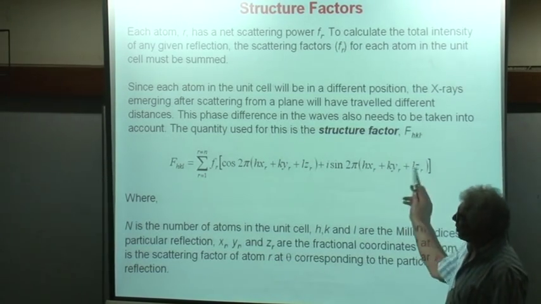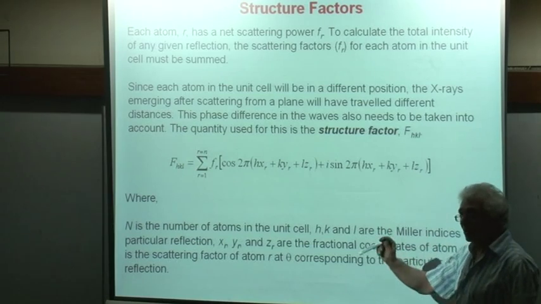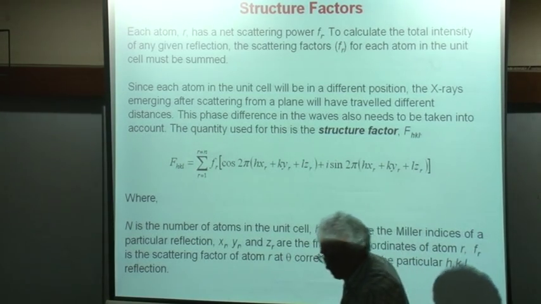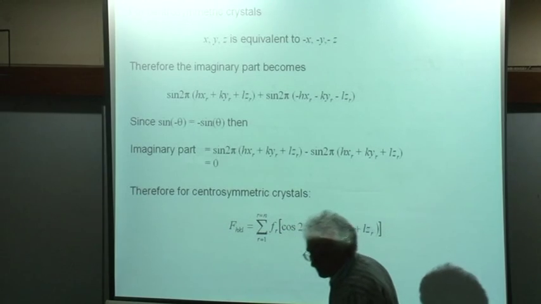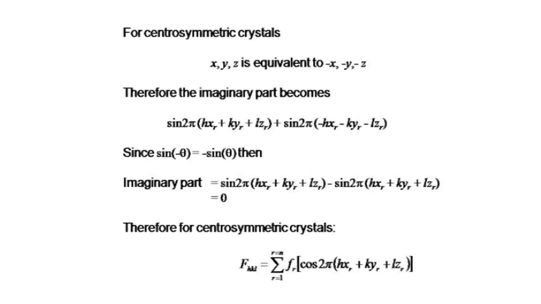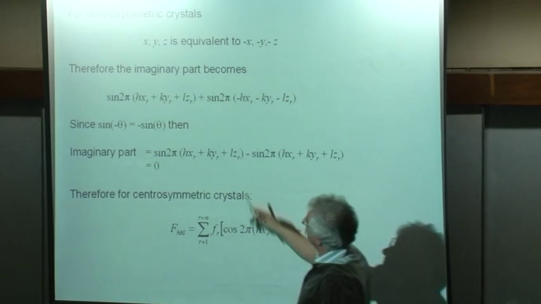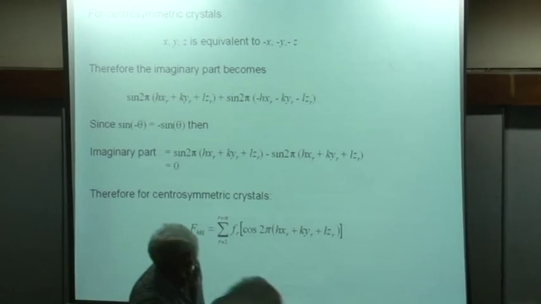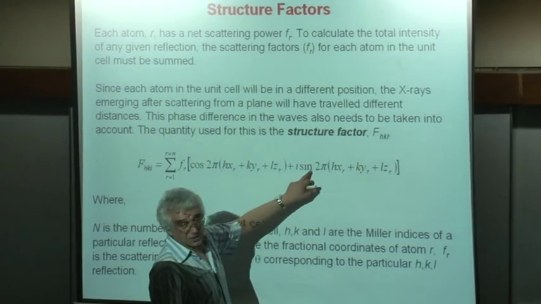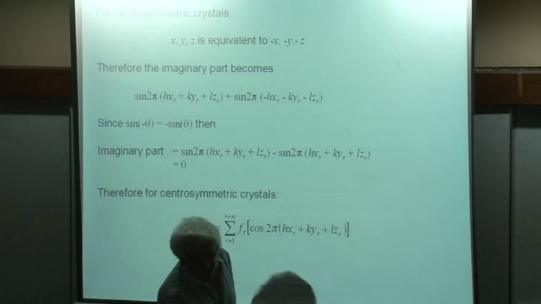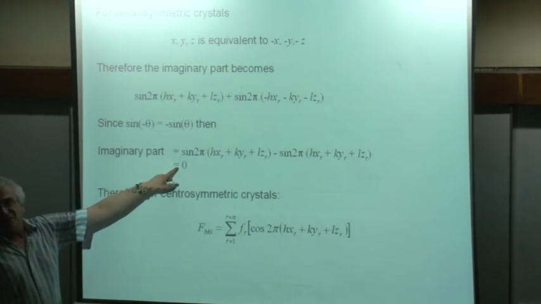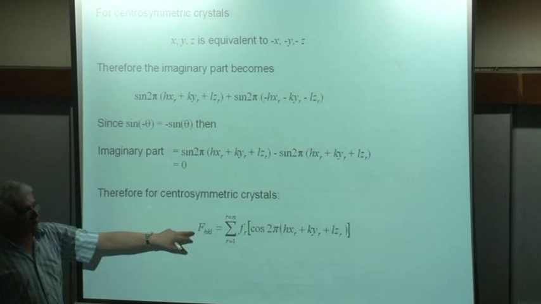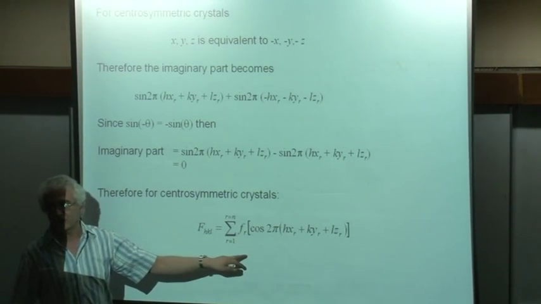Now, this is a horrible looking summation, but we can make it easy. Because for centrosymmetric crystals, because x, y, z is equivalent to minus x, minus y, minus z, it's one of the conditions for being centrosymmetric, your imaginary part, that's this i sine 2 pi, goes to 0. So for centrosymmetric crystals, this is actually a very simple equation.